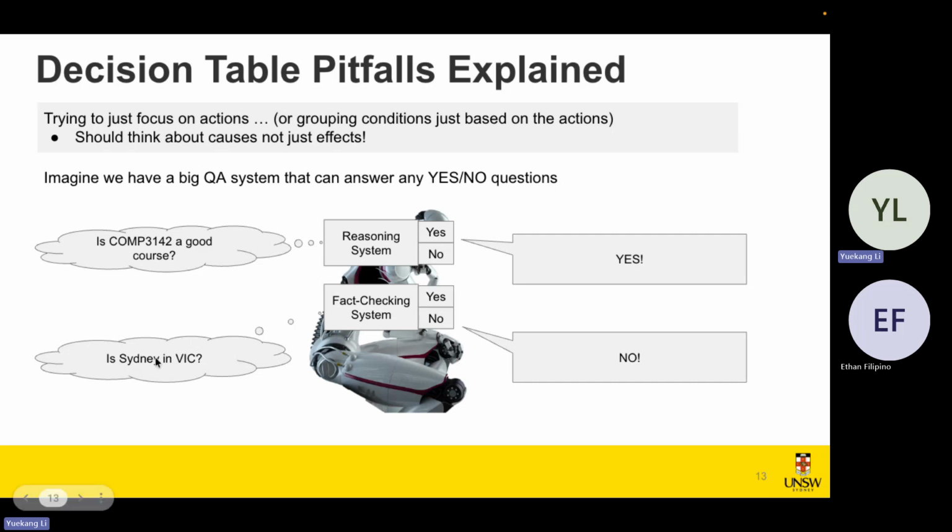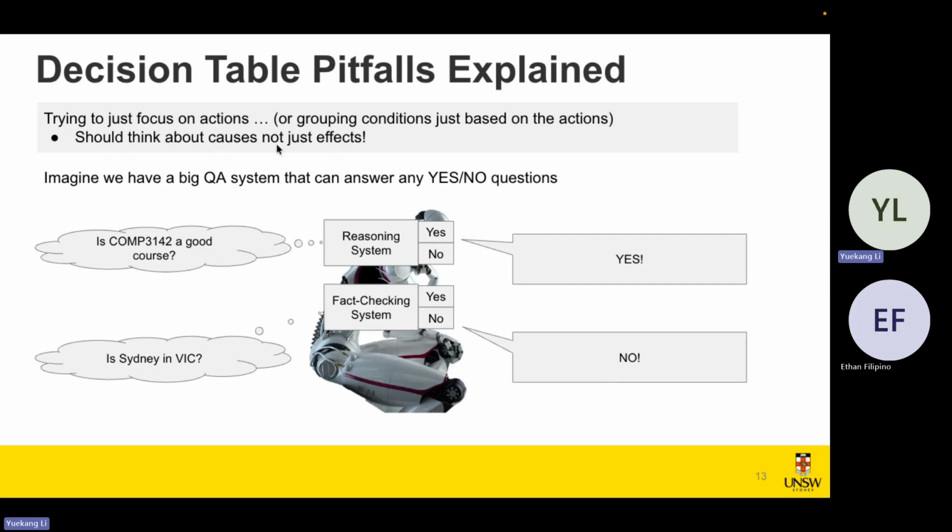And for the question of is Sydney in Victoria, it doesn't have to do any reasoning, right? It just needs to do a fact checking. This is similar to how these big chatbots, powered by large language models, are built nowadays.